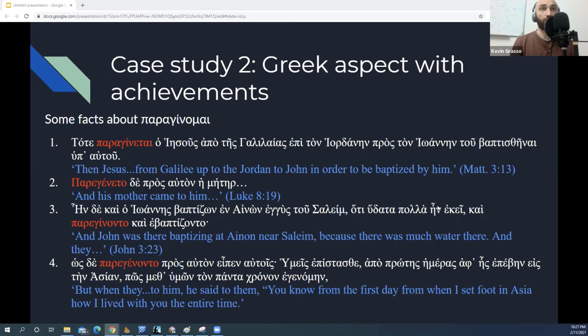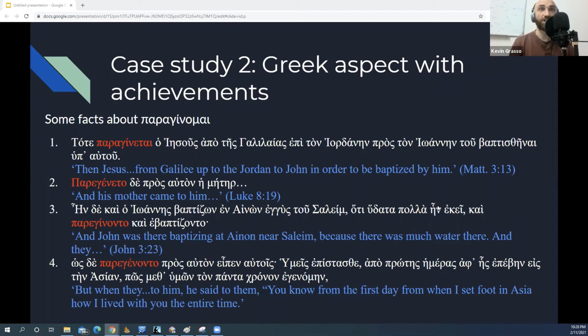Parageneto de pros auton he meter. And his mother came to him. Sorry, I didn't, or arrived. So I didn't leave out the verb there, or the translation. So the point here is that these are actually identical aspectual interpretations, right? Either way, they're going to a person and they actually arrive at that location.